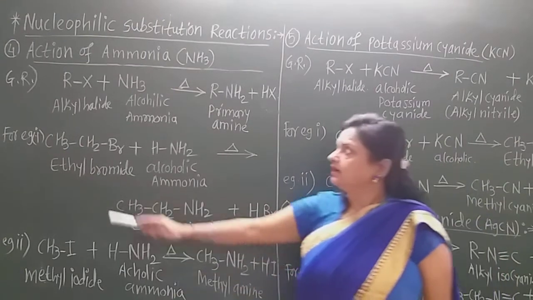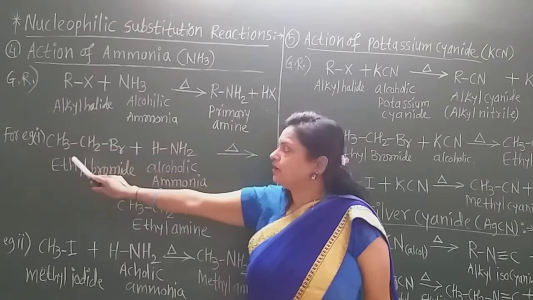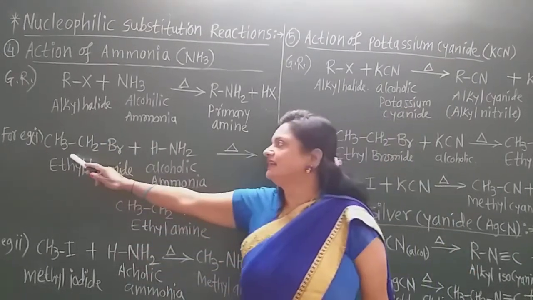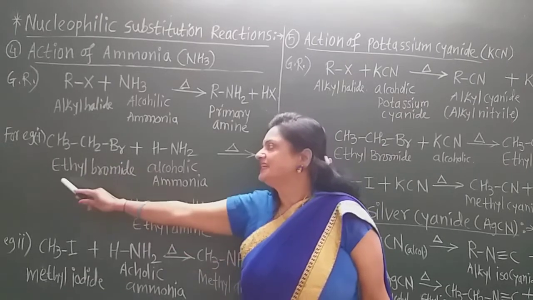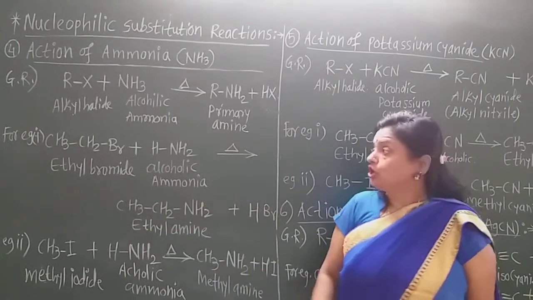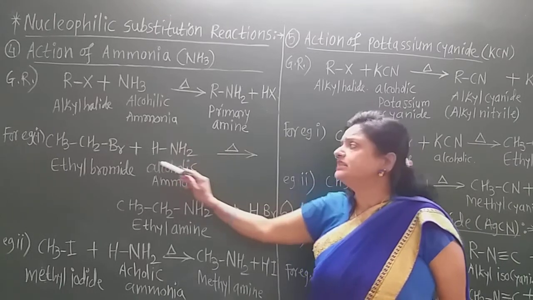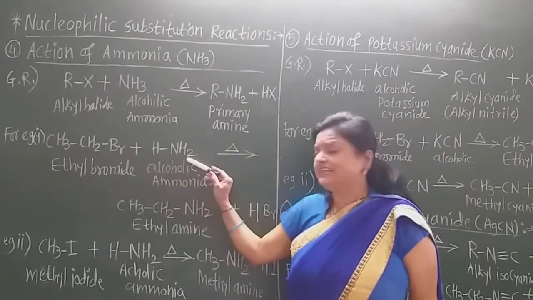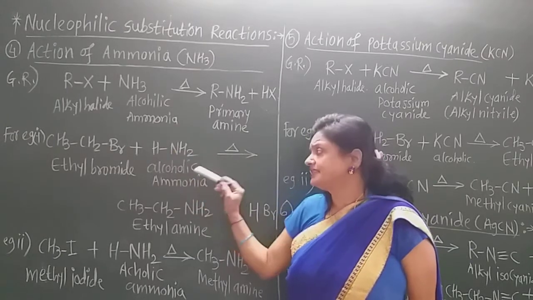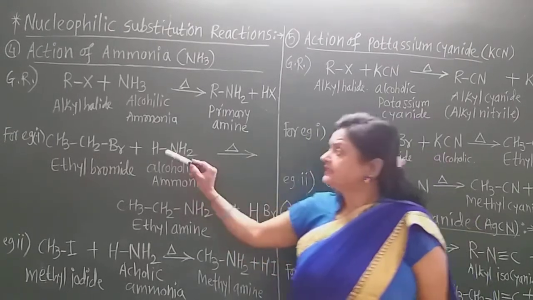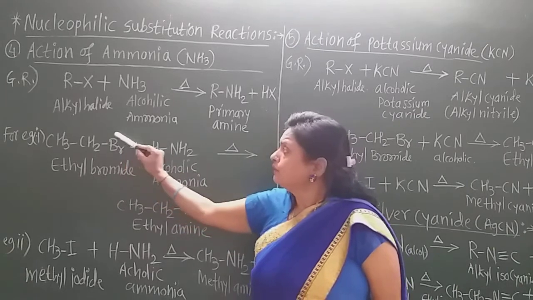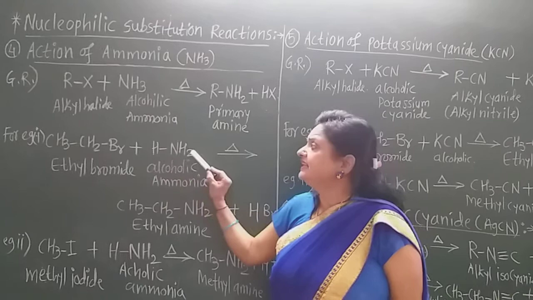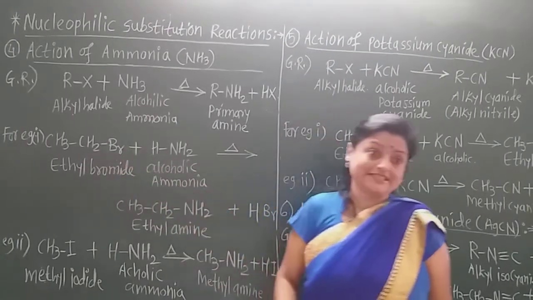This is the alkyl halide general formula. Now take ethyl bromide as the alkyl halide. When it reacts with ammonia, I write it only for your convenience as HNH2, but actually it is alcoholic NH3, because H and Br form the byproduct HBr and this NH2 is directly attached to the alkyl group CH3CH2.